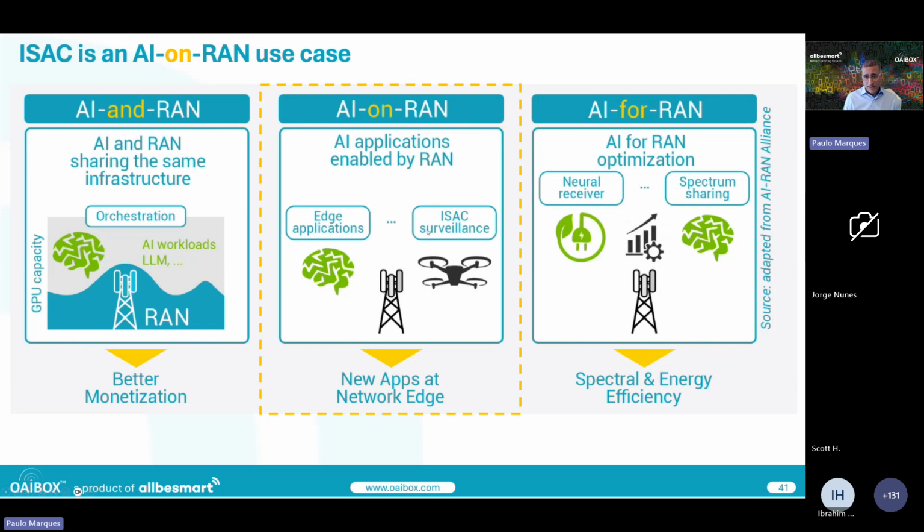And ISAC surveillance is one of the core use cases of AI on RAN. So the GPUs running on the gNB can be reused, apart from running the 5G stack, for instance, to improve detection at the edge.